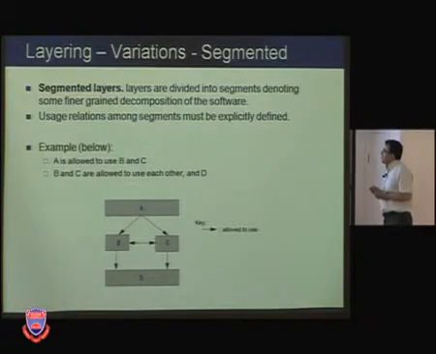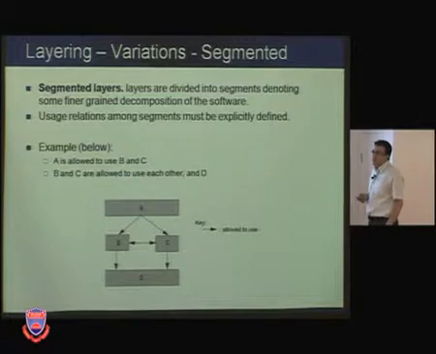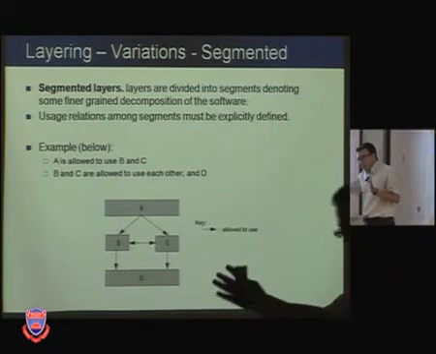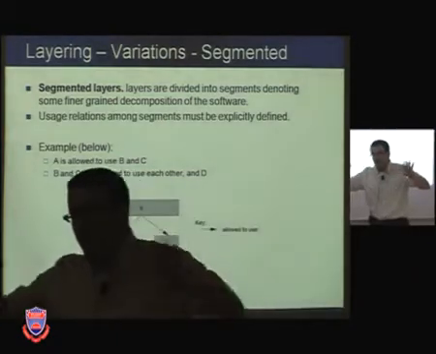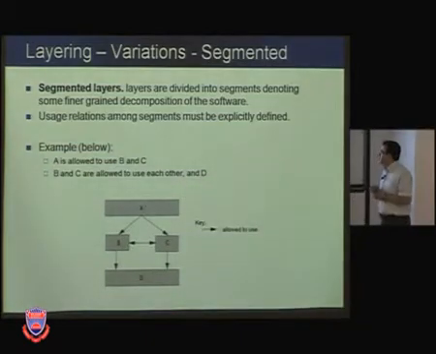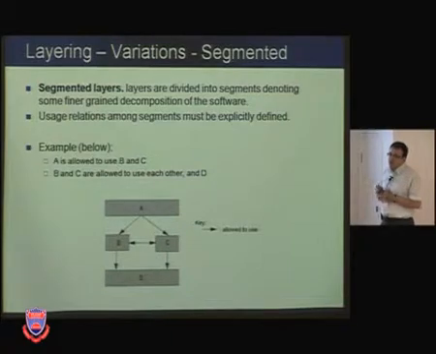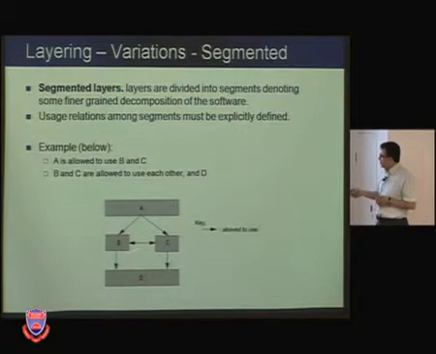Another variation is segmented layers, where you segment one layer. You don't put it as one complete layer, but you just provide segmentations. Typically this is the case if you have different teams in your organization, where they develop their own segments.